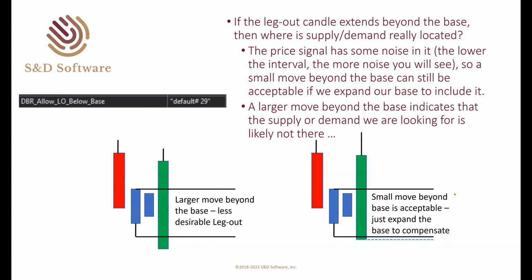In this case, it would be a demand band, but in general, we want the unfilled orders associated with the base. Yet the fact that the leg out was able to get so far below the base raises the question of where is the bulk of the unfilled orders really located? It's clearly not located with the base, or the leg out would not have been able to get so far below it.